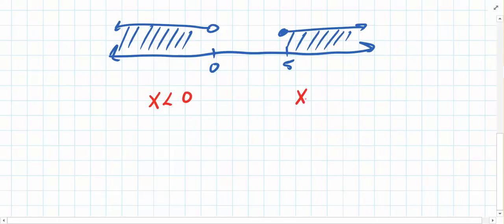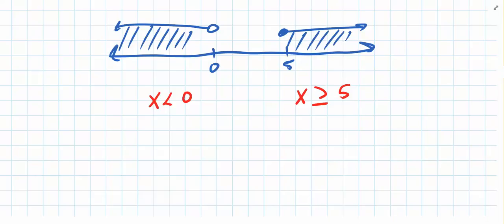Greater than or equal to 5, okay? So now, can you think of a number that is less than 0 and bigger than or equal to 5? No, it's impossible, right? Let me rephrase the question. Can you think of a number that is less than 0 or greater than or equal to 5?